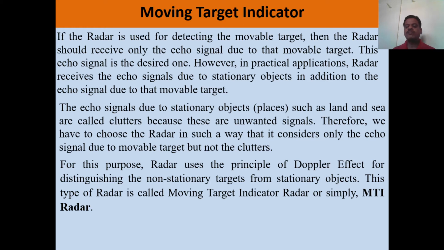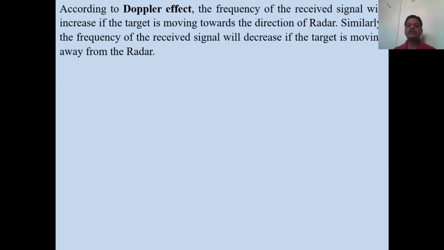The Doppler effect principle can differentiate the two signals: which one comes from the stationary object and which one comes from the movable target. This type of radar is known as the moving target indicator radar, or in short form, MTI radar.